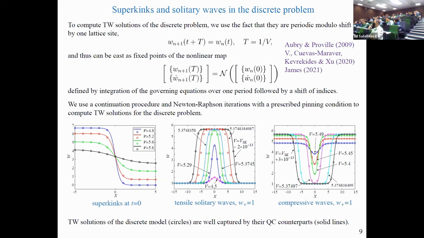The solid lines are the solution to the Vainchtein model, and everything is plotted at the time t equal to 0. So you can see that the continuum model captures the solutions quite nicely. They're of course not exactly the same, but especially for the superkinks, the agreement is very good.